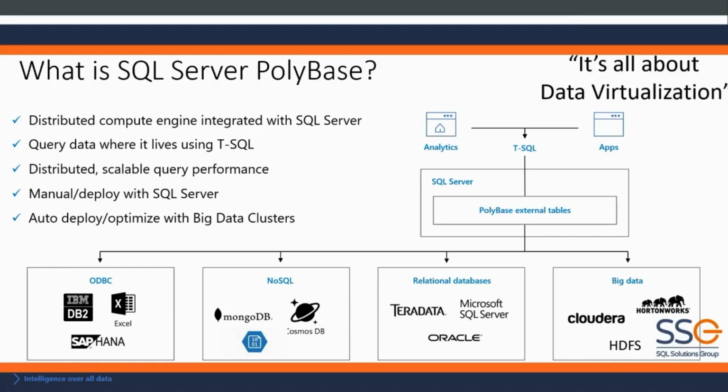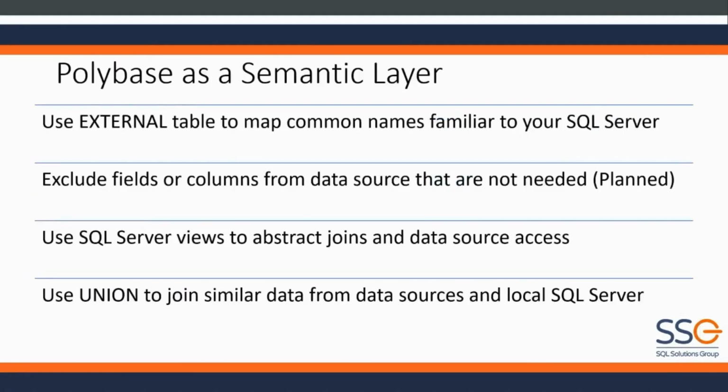I mentioned it's all about data virtualization. So let's think about Polybase as a semantic layer. What it does, and we'll see this in the next slide and in the demo, is it creates an external table that maps to your source data, whether it's a flat file, another SQL table, Hadoop, or whatever.